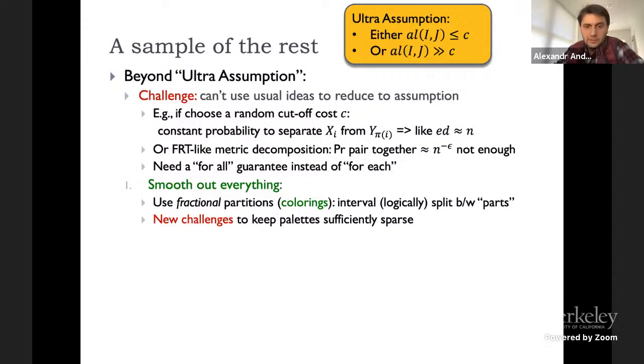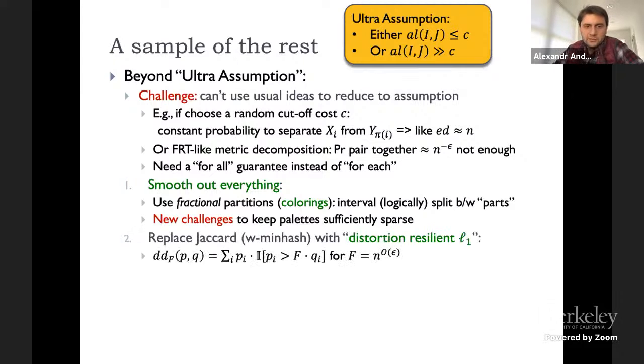So the main way to get around this is to smooth everything out. This means that we won't really have partitions, but continuous versions of partitions, which we call colorings. An interval is partitioned fractionally among different parts, which we think of as colors.